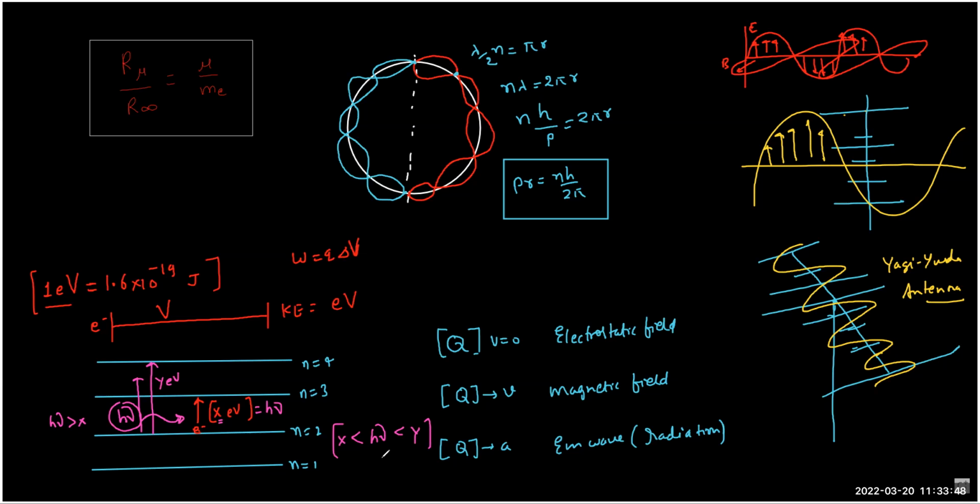This is what we need to explain today, and our topic today is called atomic collisions. In this topic, we will study the collision of an atom with a photon, and then the collision of an atom with another particle.